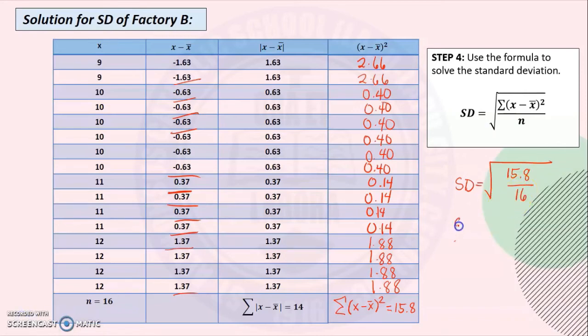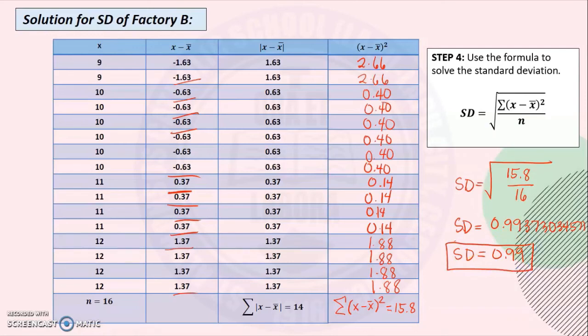Using a calculator, we can get 0.9937. We need to round off our answer to 2 decimal places, so our final answer is 0.99. This is the standard deviation of factory B.